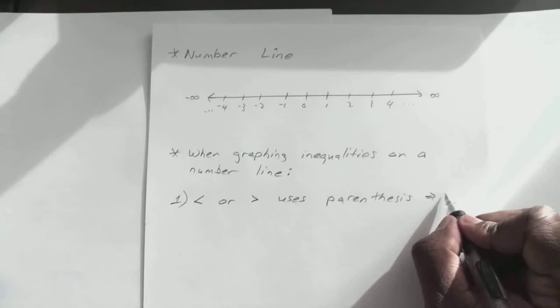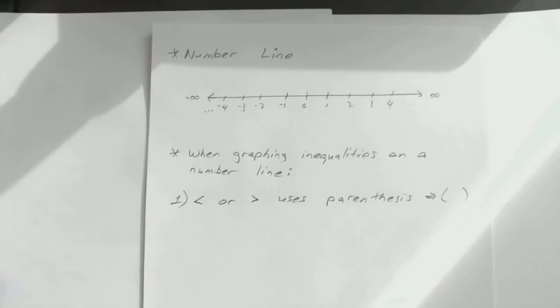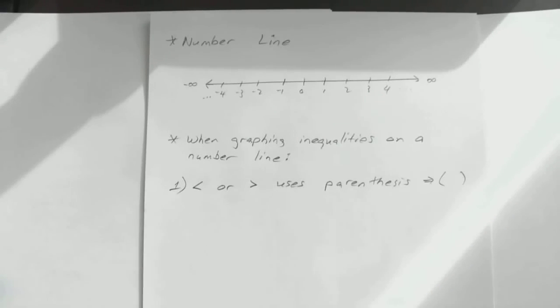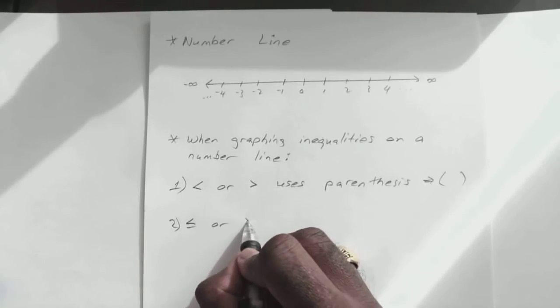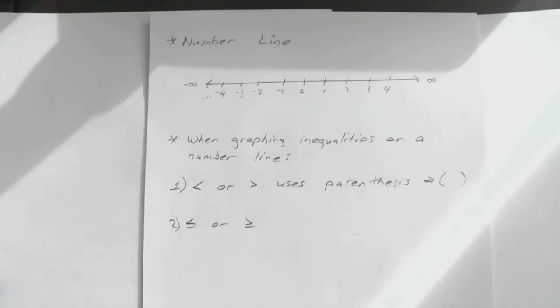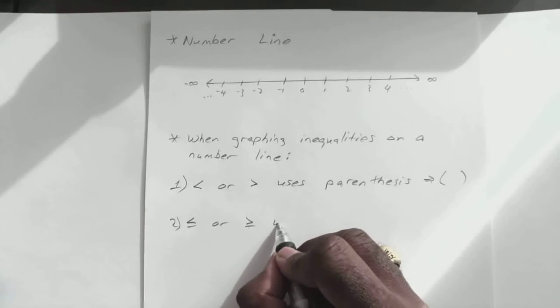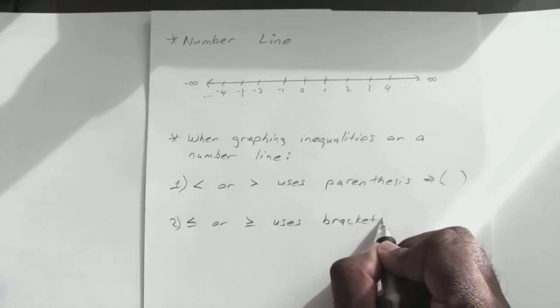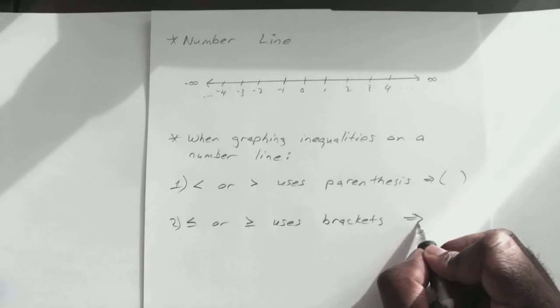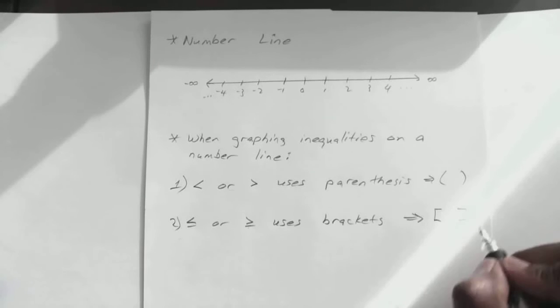Okay, so that's just the basic parentheses. When you use less than or equal to or greater than or equal to, you're going to use a bracket because that means you're including that number.